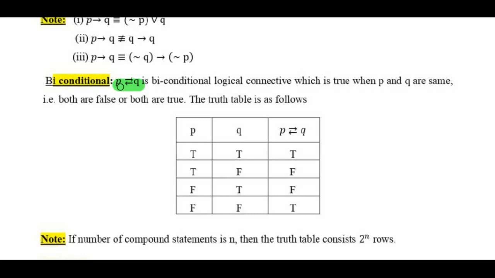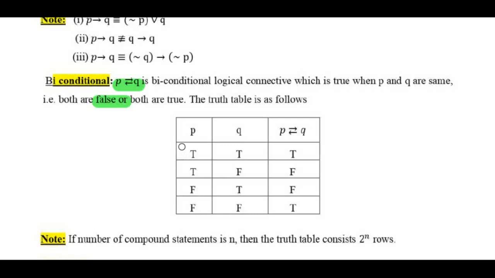Otherwise, if both statements are false, then P if and only if Q is true. The rest of the cases are false. Once again, the biconditional connective is where both statements are true or both statements are false, then P if and only if Q is true. The rest of the cases are false.